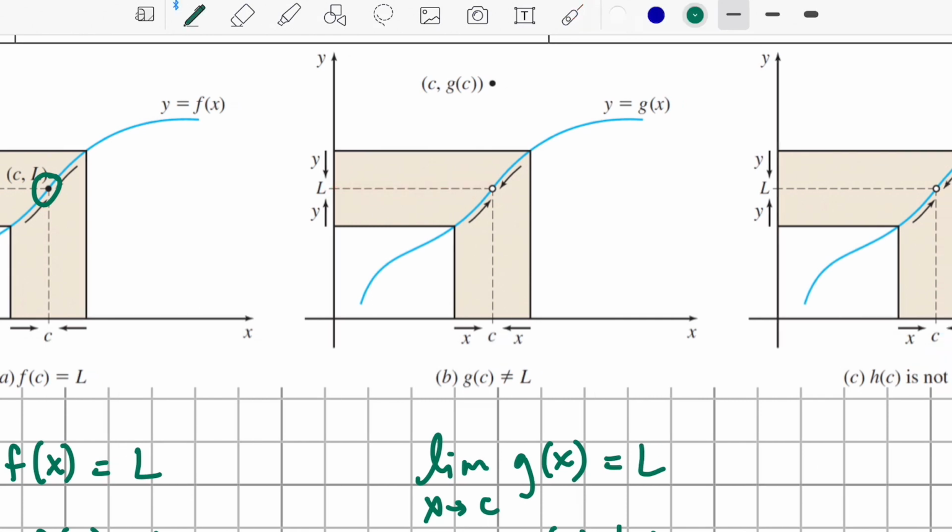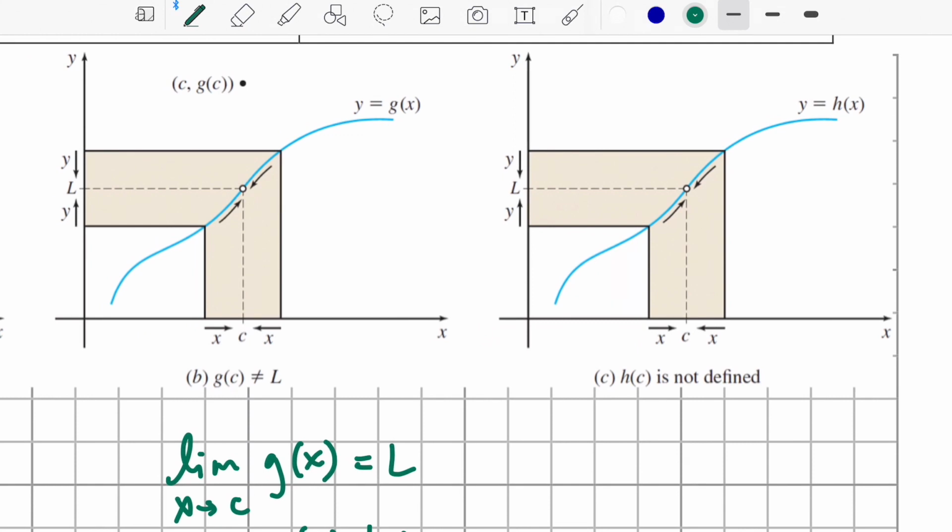We also have a case where h of c is not defined. So in this situation, we have h of x. Again, if we approach from the right, the y values are approaching this y value. Let's call it L. And as we approach from the left, the y values are approaching this y value, which is L. So the limit exists because they're approaching the same value from both sides.